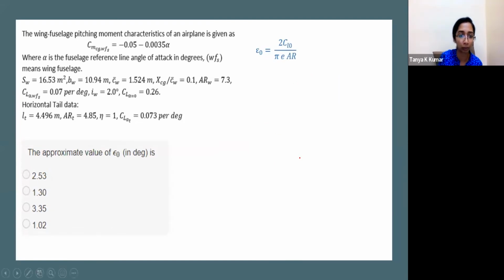Next is the approximate value of epsilon naught. Epsilon naught is the constant downwash angle component on the lift. So this is the formula for that: 2 into CL naught of the wing, CL at alpha equal to 0, which is 0.26, by pi e, where e is taken as 1, and AR aspect ratio is 7.3.